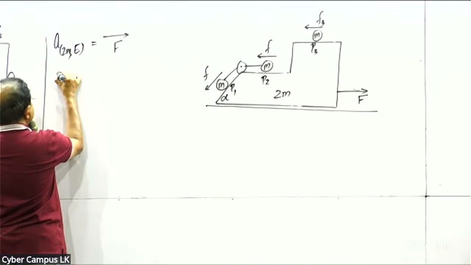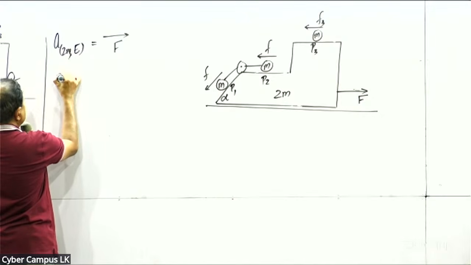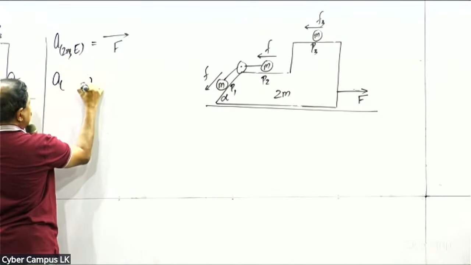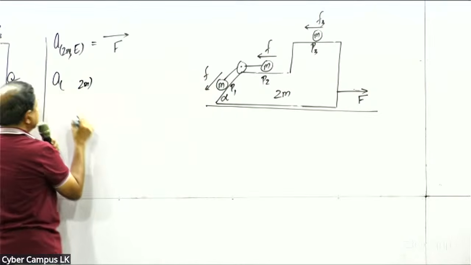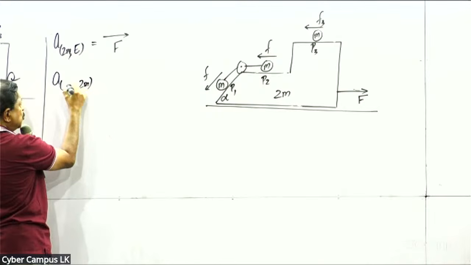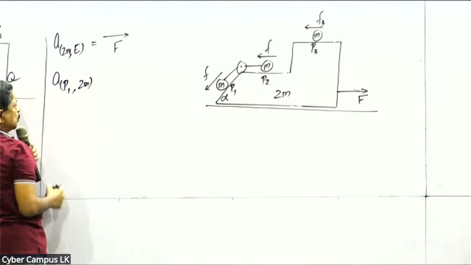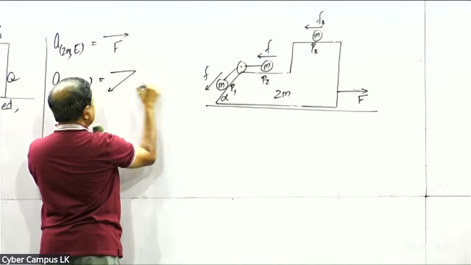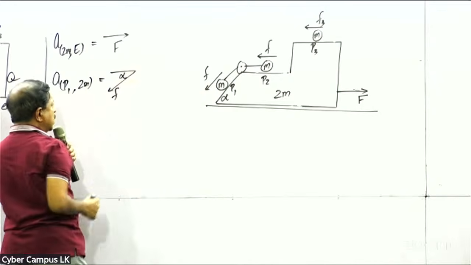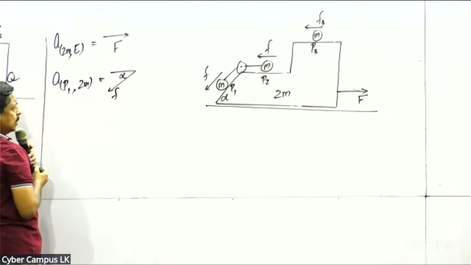Now, this F1, simple F, is the acceleration of P1 relative to 2m. It is this way, and it makes an angle alpha with the horizontal.